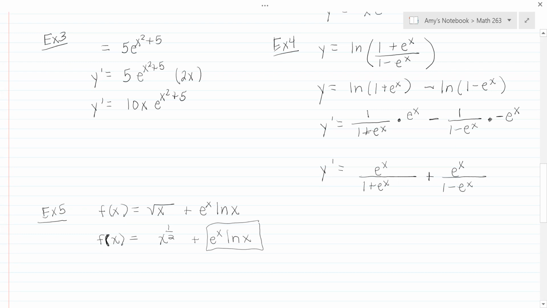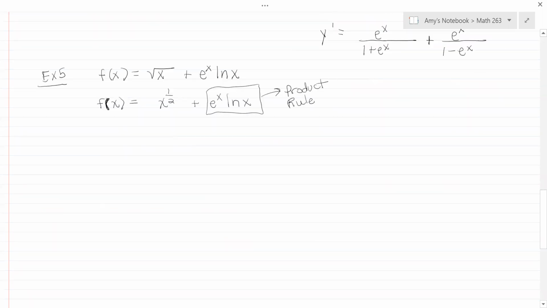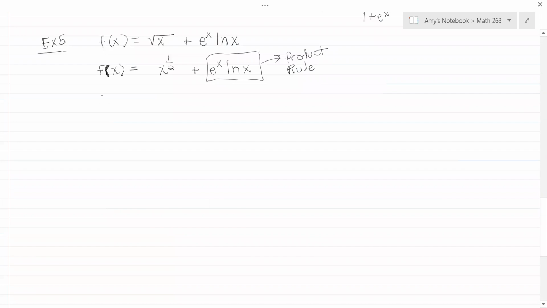And then when you do this right here, this is going to be product rule, because that is a function times a function. So the derivative of x to the 1/2 is going to be 1/2 x to the negative 1/2, because we bring this down in front, and then 1/2 minus 1 would be negative 1/2.